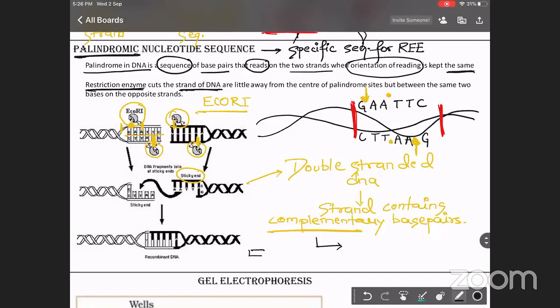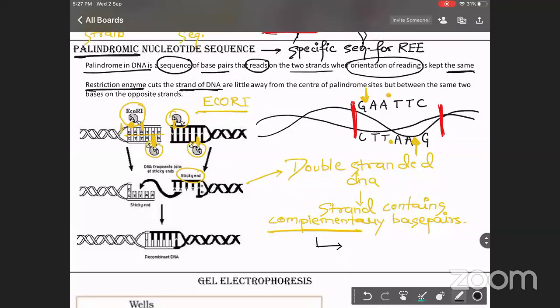This box has a size complementary to this particular socket, so it will fit into this socket very well. The same thing will happen with this DNA strand. If both strands are complementary, that is the reason we call them double stranded DNA. Both have complementary base pairs.